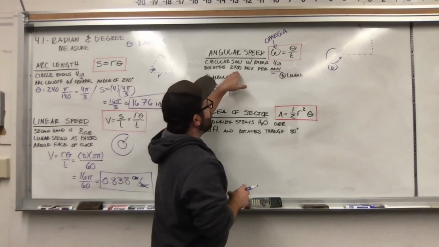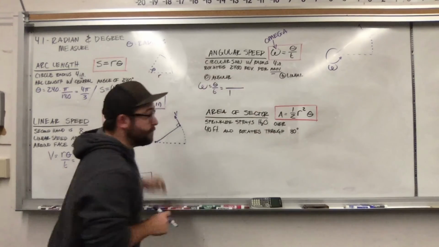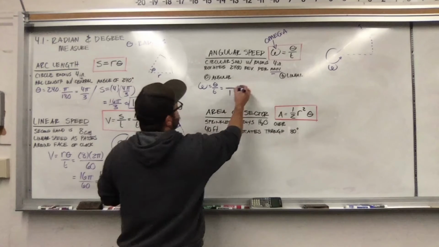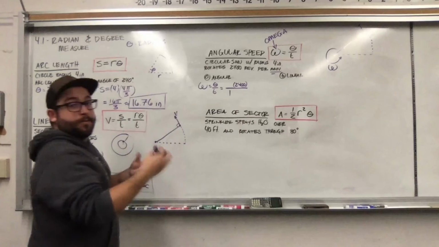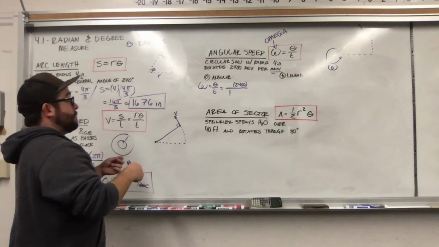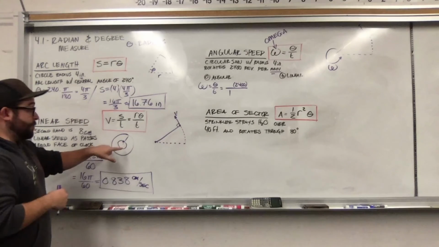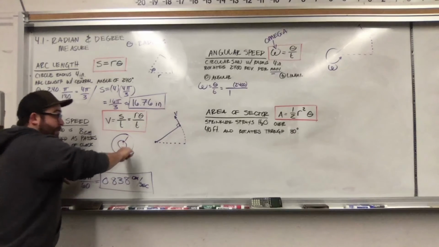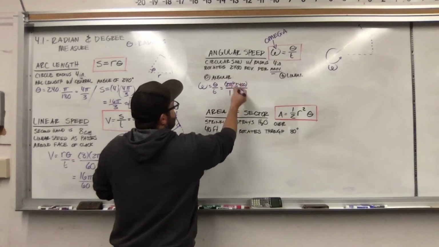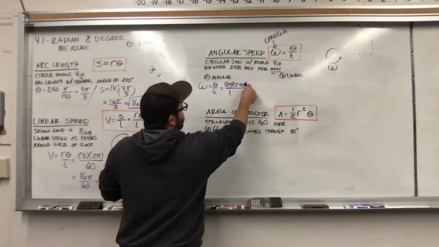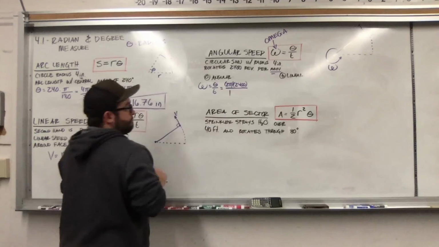Well, we know 2,400 full rotations in that 1 minute. So what is really being rotated 2,400 times? Well, it's our full rotation. So it's making a complete 2 pi rotation, and it's doing that 2,400 times per minute.